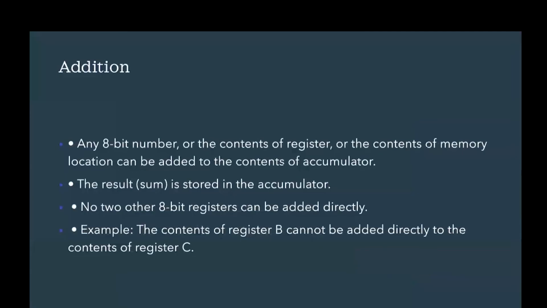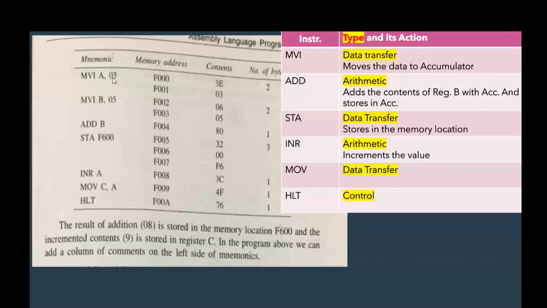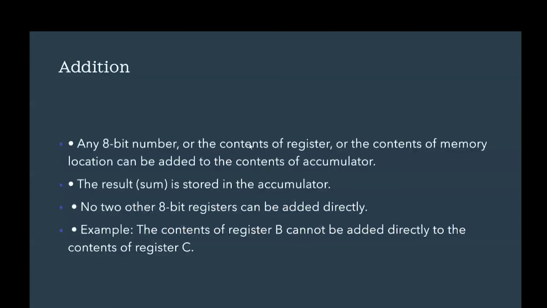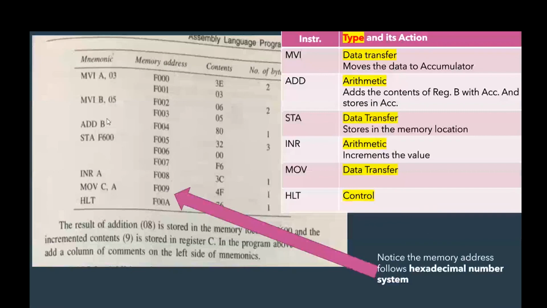So you must remember about addition. Any 8-bit number or the contents of a register or the contents of a memory location can be added. So we can add an 8-bit number, or the contents of a register. Now what have we added here in MVI A? We are adding the data, the 8-bit. All right. So tomorrow they can ask you about the contents of a register. You can have 2 registers and you can add them. So here, as you can see, in our ADD B instruction, we are adding the contents of a register.